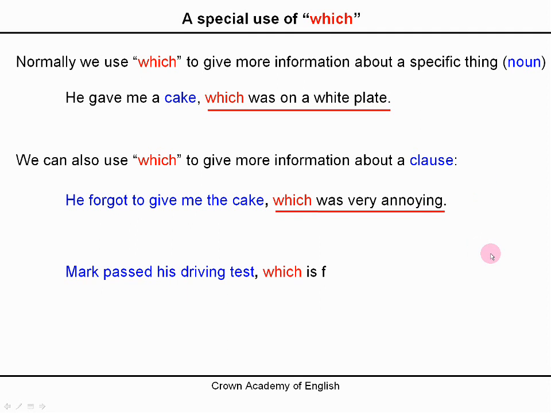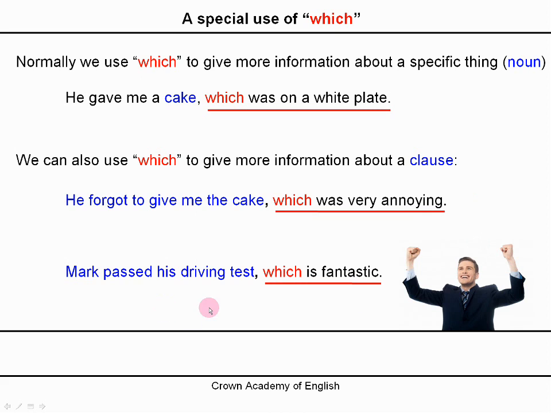And a second example: Mark passed his driving test, which is fantastic. Okay, again, which is referring to the whole clause. The test isn't fantastic. It is the whole situation, the fact that Mark passed his driving test.